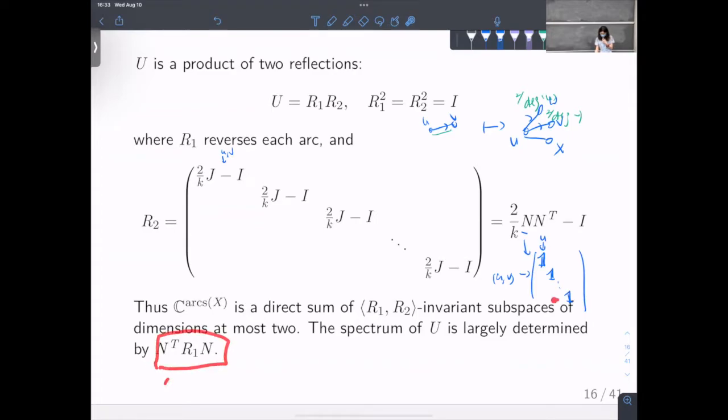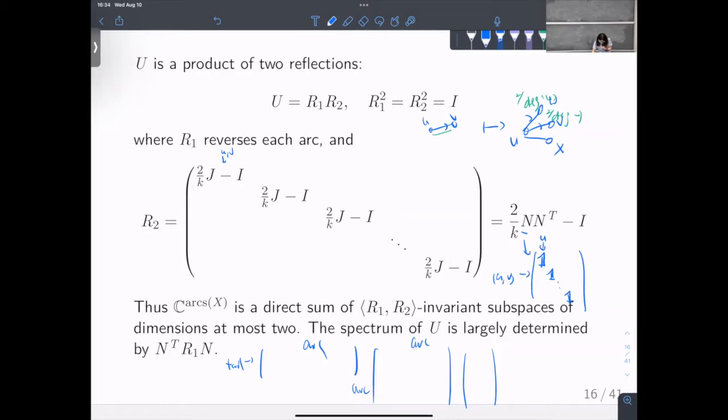So you transpose the arc-tail incidence matrix, hit it with the arc-by-arc reversal matrix, and then multiply it by N. So you have a short fat matrix multiplied by an arc matrix and the transpose. This is tail by arc, arc by arc, arc by tail.